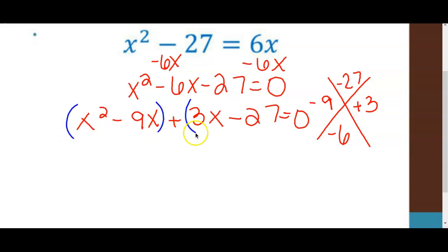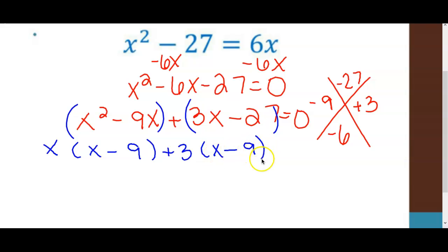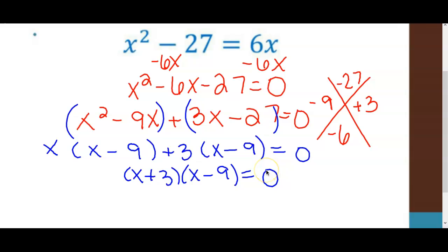Group the first two, group the last two, take out your GCF, get it into factored form, set each factor equal to 0, solve for x.